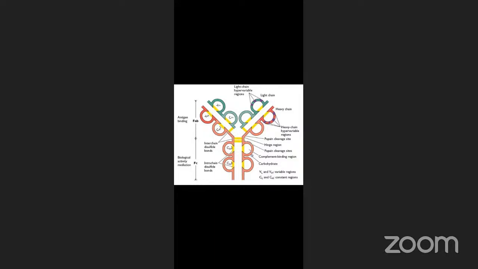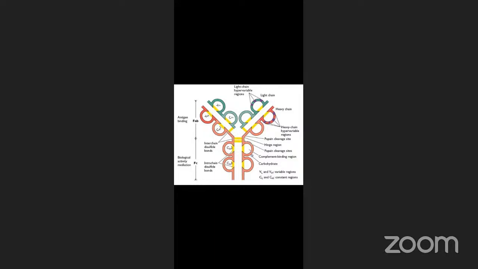Coming to the structure, it resembles a Y-shaped structure, and it consists of four polypeptide chains: two heavy polypeptide chains and two light polypeptide chains. The chains are linked with covalent disulfide bonds.